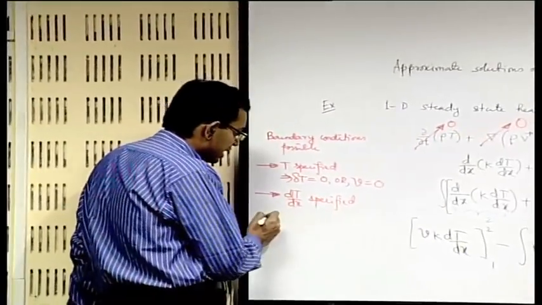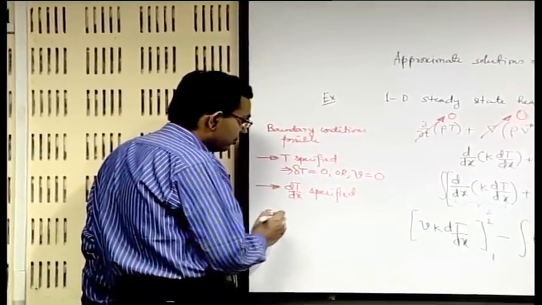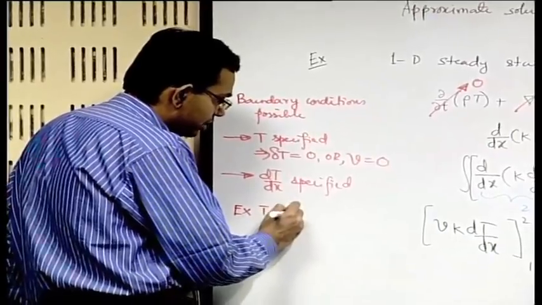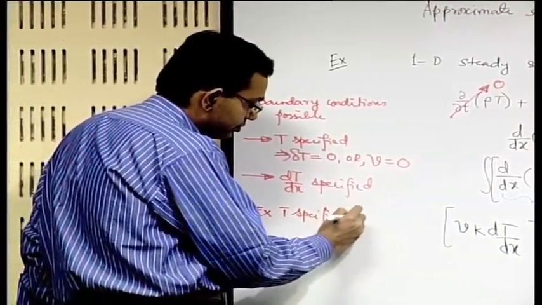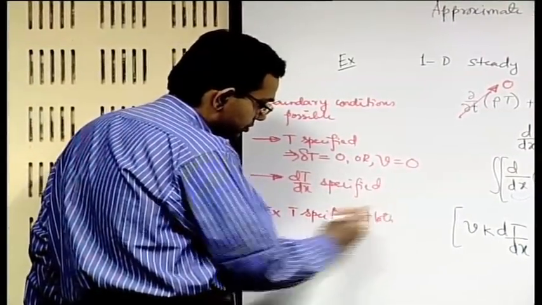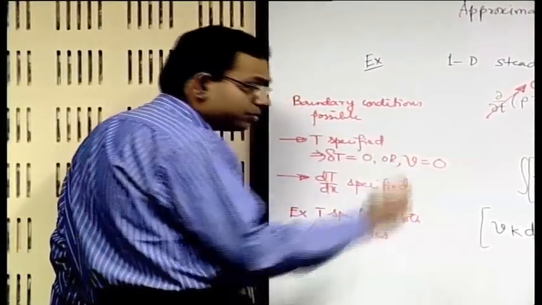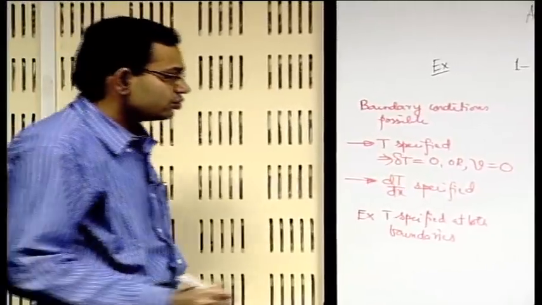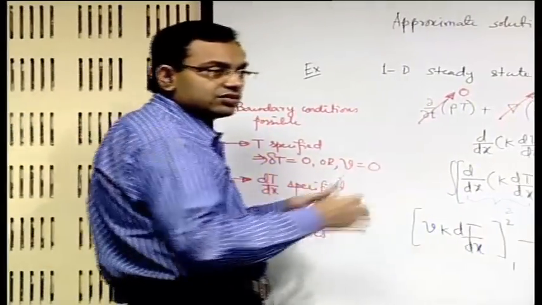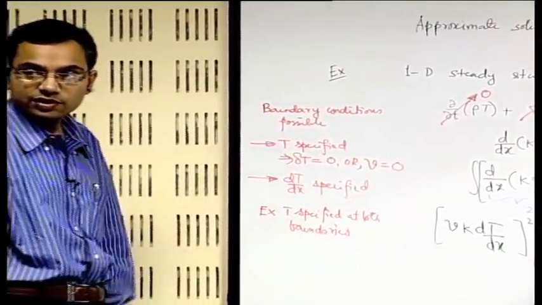Let us take an example where you have T specified at both the boundaries. We start with this simple example so that the boundary term vanishes totally.